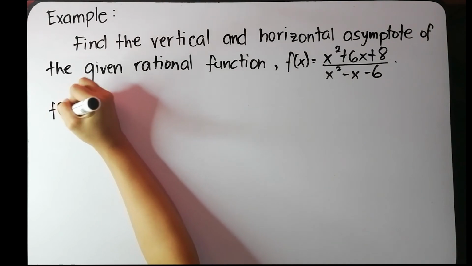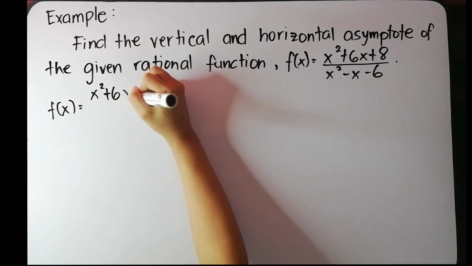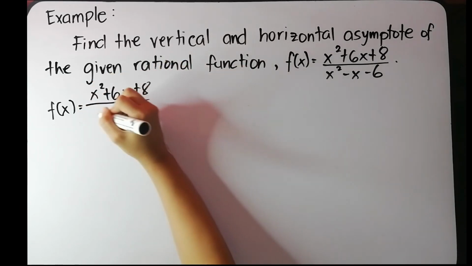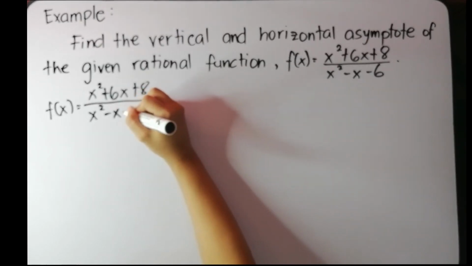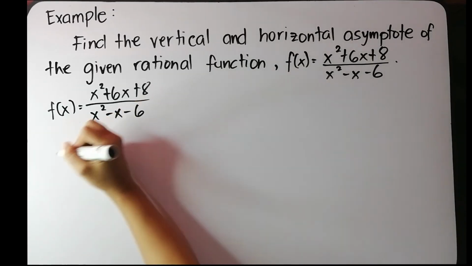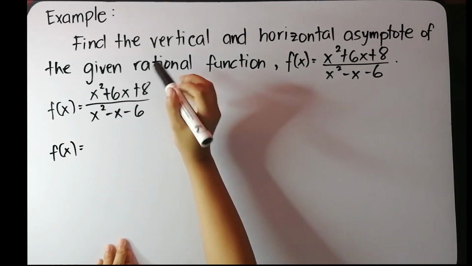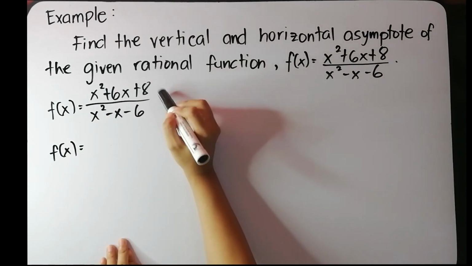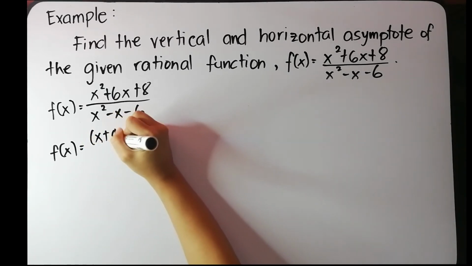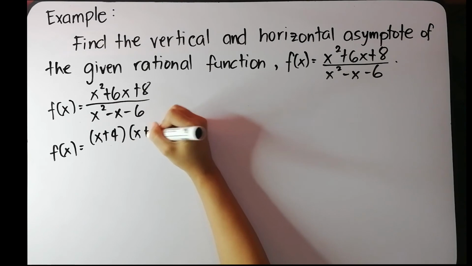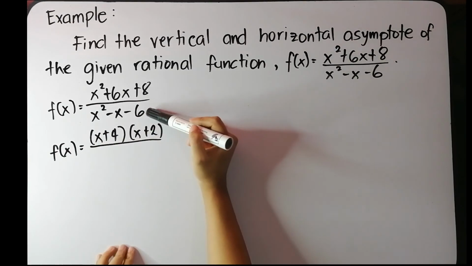So we have f of x equals x squared plus 6x plus 8 over x squared minus x minus 6, just rewriting the given. For our numerator, the factors of 8 can be 4 times 2 or 2 times 4, so we have 4 and 2. So x plus 4 times x plus 2, all over the factors for our denominator.